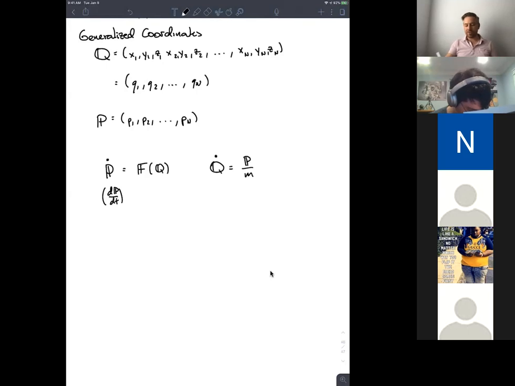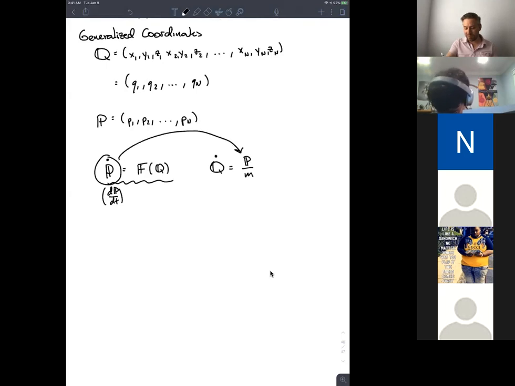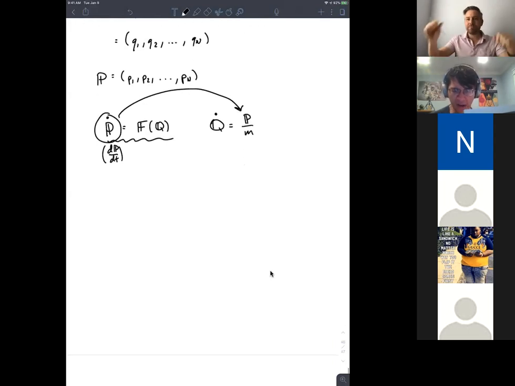In other words, you would use Newton's second law to determine what P dot is. You can then integrate P dot to get P. And once you know P, you can plug that in here and integrate Q dot to get the Qs, that is the positions. So you're just doing Newtonian mechanics. All right, we're done, right? Piece of cake. Now the problem with this is that N, our number of balls, is extremely large.